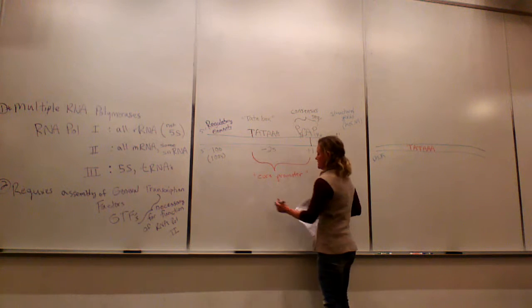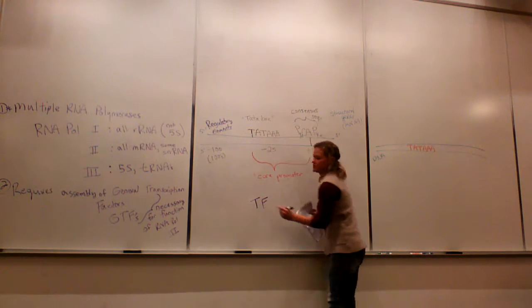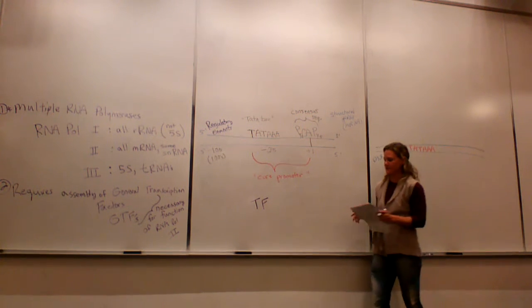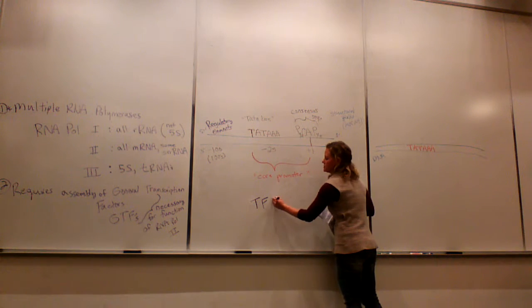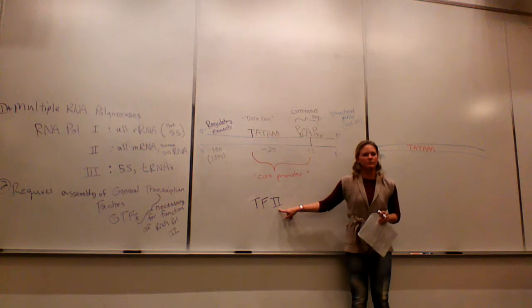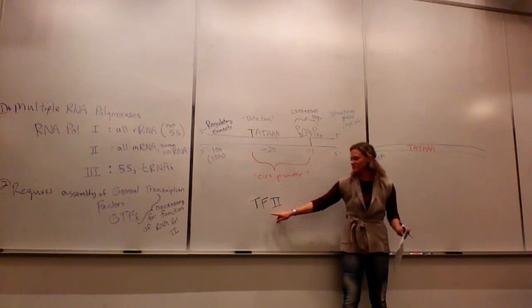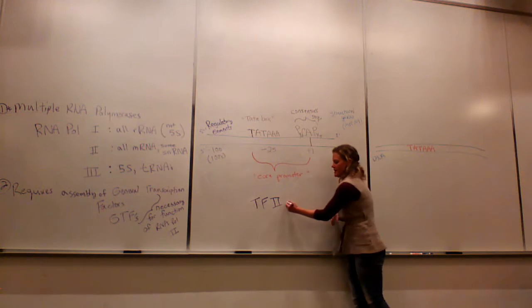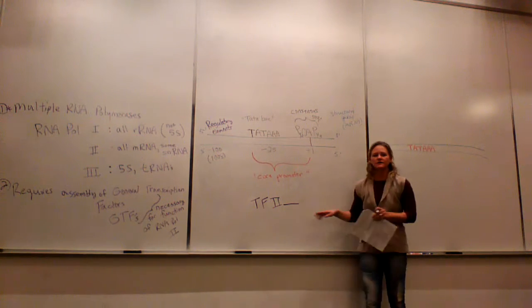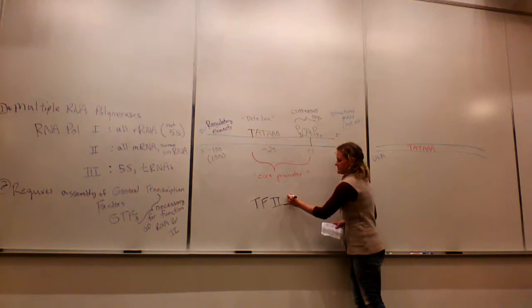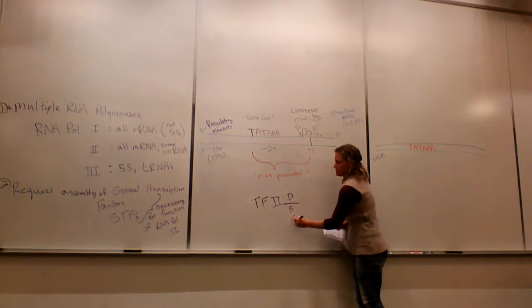So there's TF2, and there's a bunch of letters. So there's D, B, F, there's H, E. 1, 2, 3, 4, 5. We have 5. But all of them have the same beginning part of their name, TF2, and then D, B, F, H, and E. So 5 total. You can do that. Compartmentalize your studying. Okay, 5 letters up here.